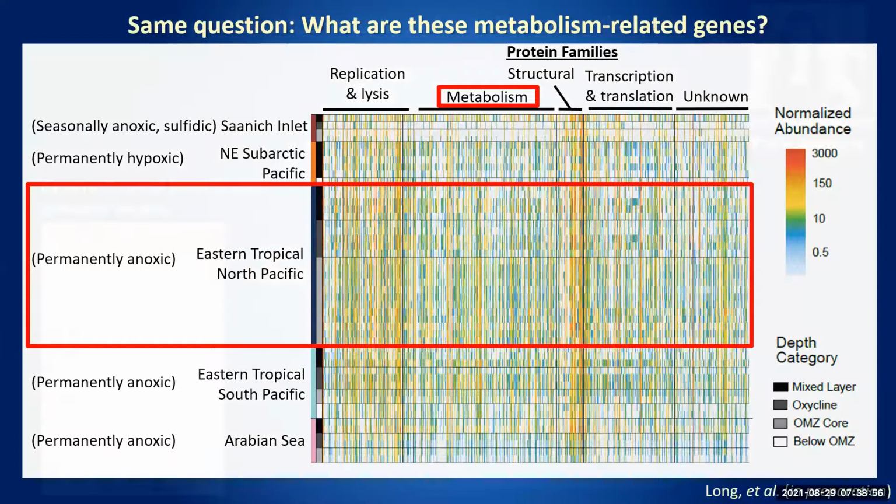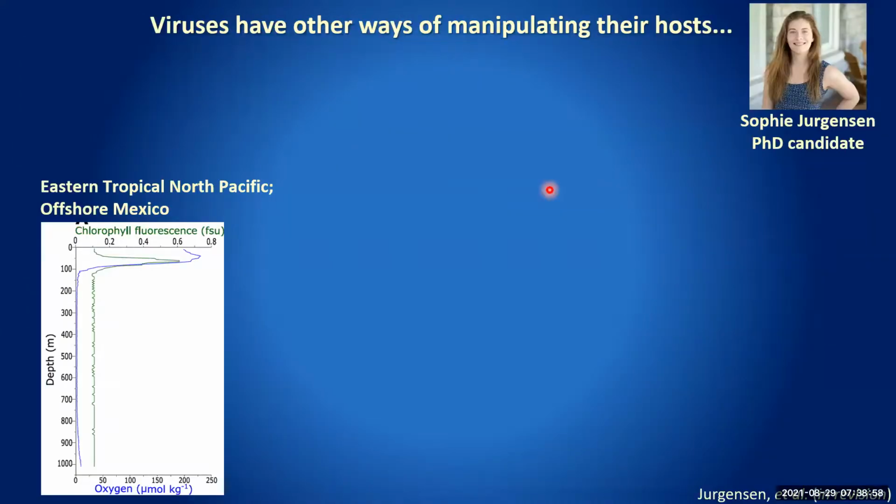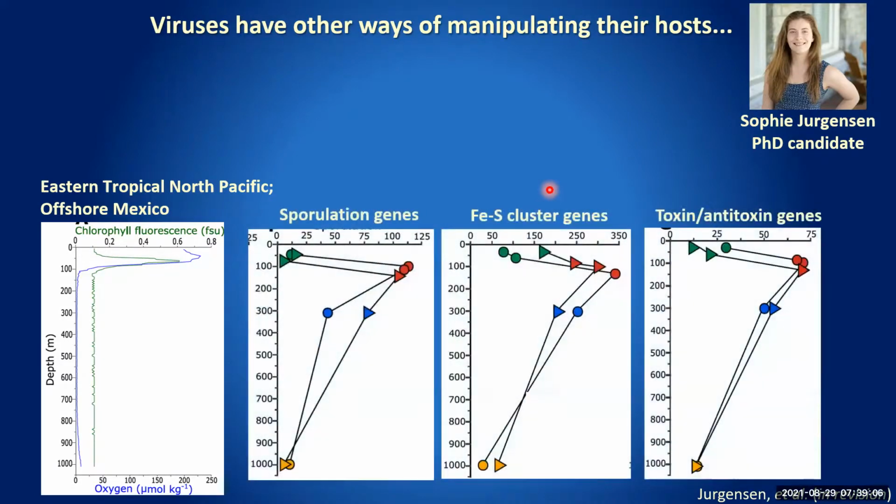So for this, we remember that viruses have other ways of manipulating their hosts other than the central metabolic cycles. Sophie comes to me with 3 graphs of 3 different gene groups. We've got sporulation genes, iron sulfur cluster genes, and toxin antitoxin genes, and all of them have suspiciously similar depth profiles.